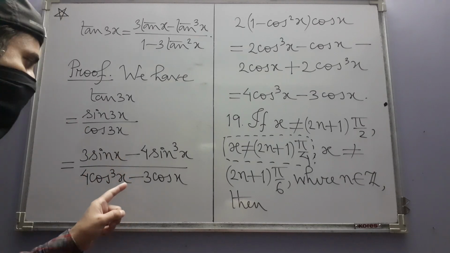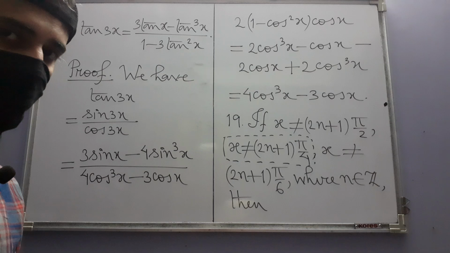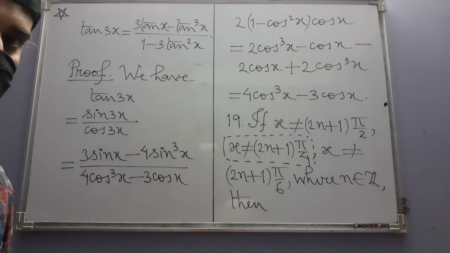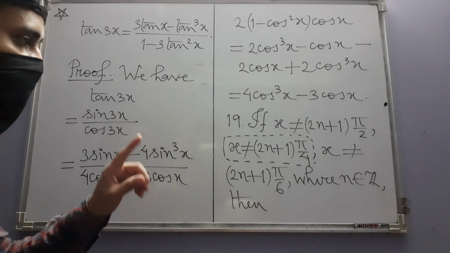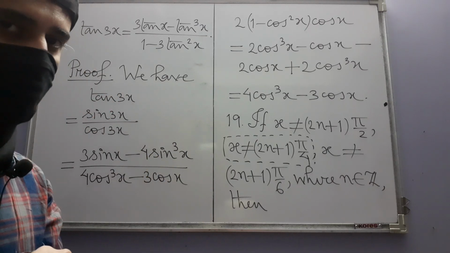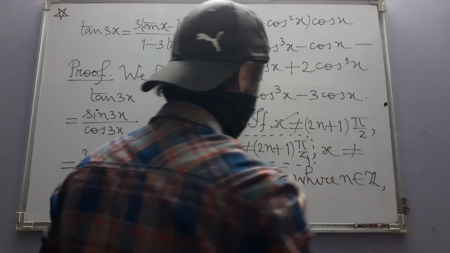Now we would like to divide the numerator and denominator both by cos cube x. And in order to do so, we need cos x to be non-zero, which is guaranteed by this one.